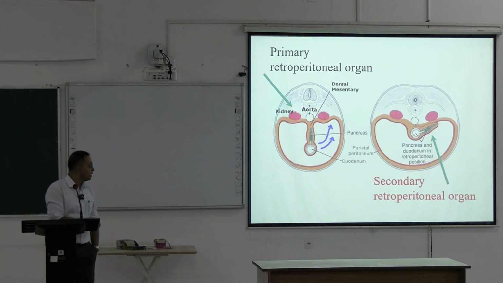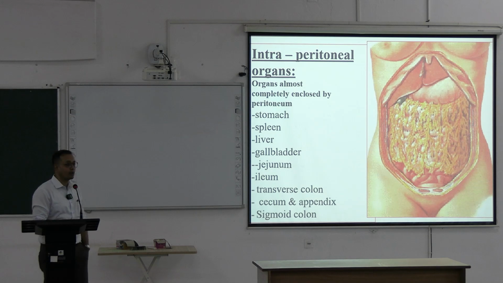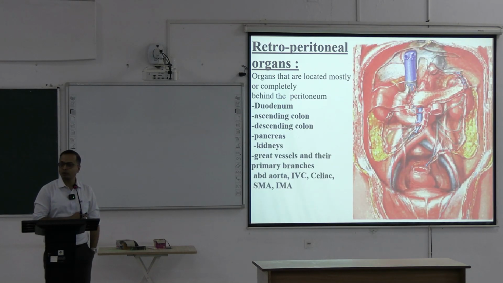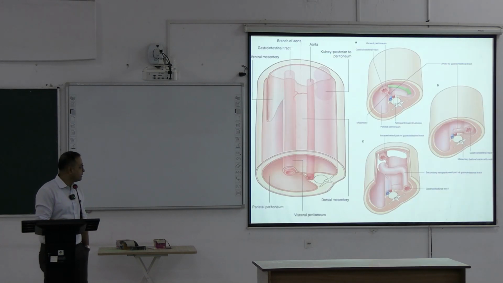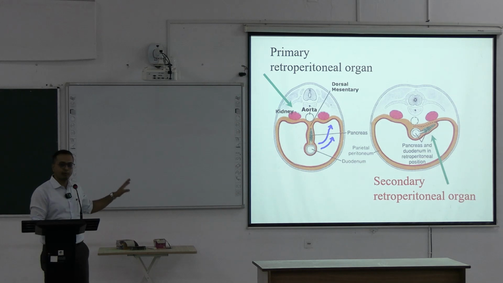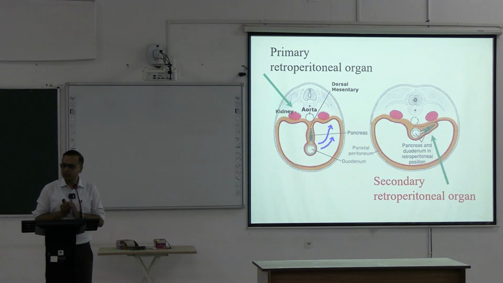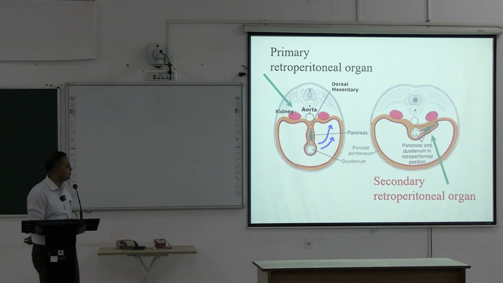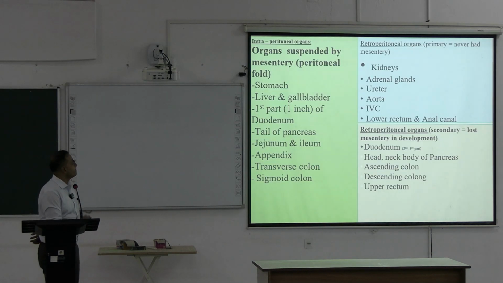But coming again, we have two different groups to talk about, intraperitoneal and retroperitoneal. Primary and secondary, if you can remember the retroperitoneal organs, it's good. If you cannot remember, just stay quiet, don't say anything about it. Alright? The organs which are completely suspended by the peritoneum and can hang, like stomach, liver, and tail of pancreas, are intraperitoneal organs.